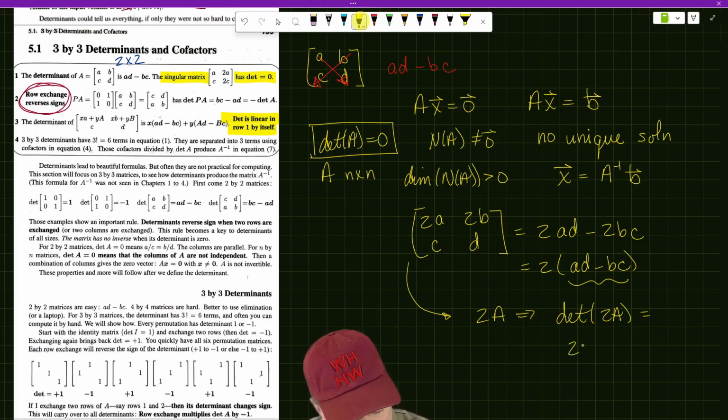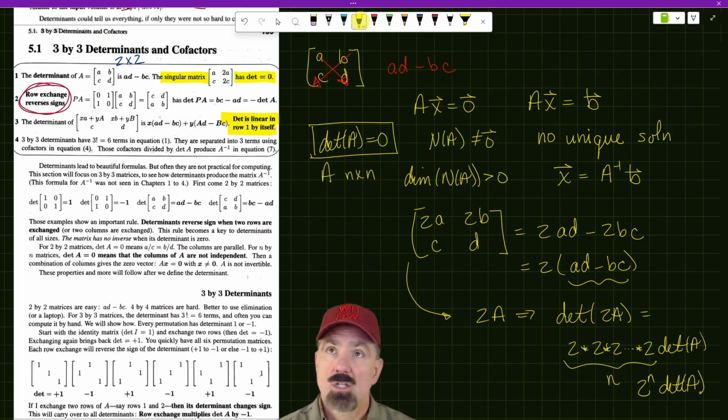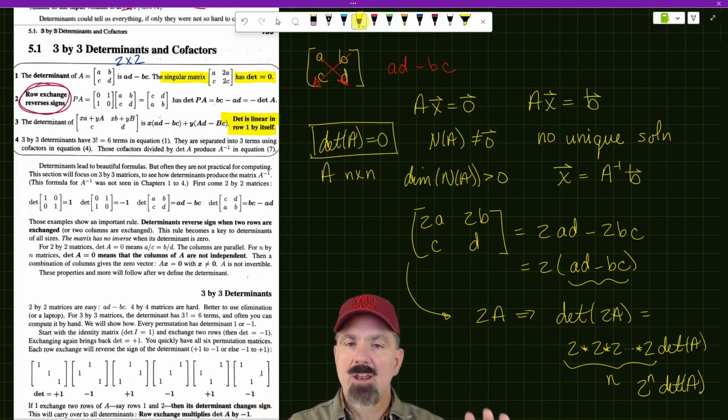So it's going to be 2 times 2 times 2 for however many rows we have, times the determinant of A. Because A is n by n, we said A is square, we're going to have n of these, so it's really 2 to the nth power times the determinant of A. That's our result. That is, in a nutshell, one of the applications; it's not the only one. There are other important results associated with this linearity of the determinant with respect to impacting rows, but this is one of the important ones.